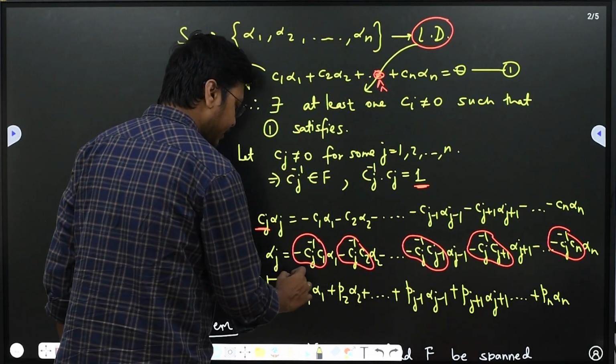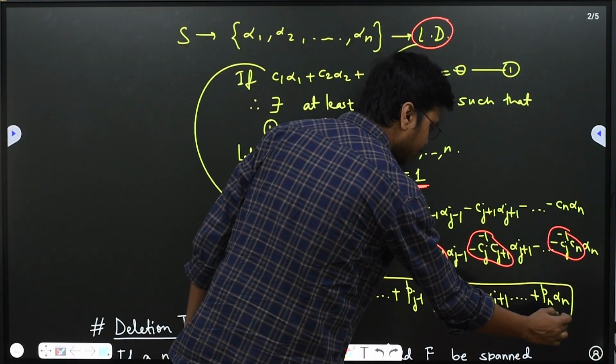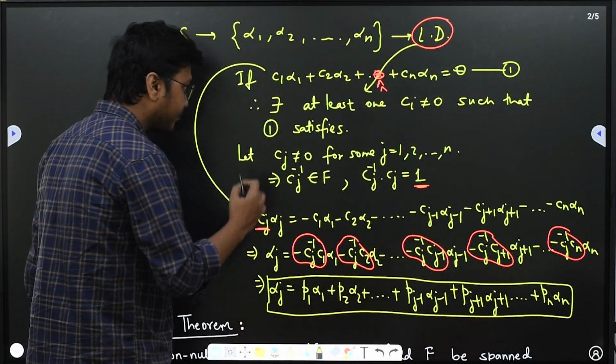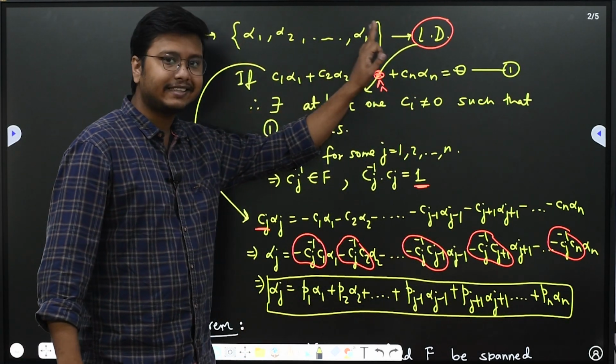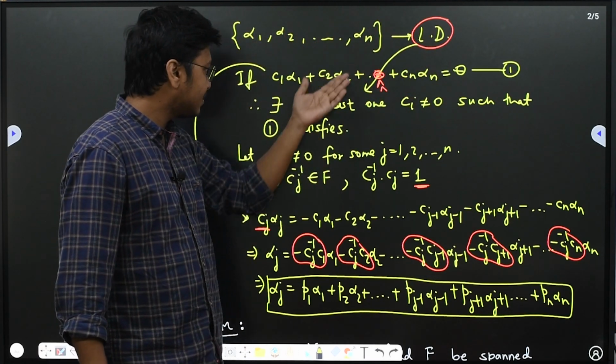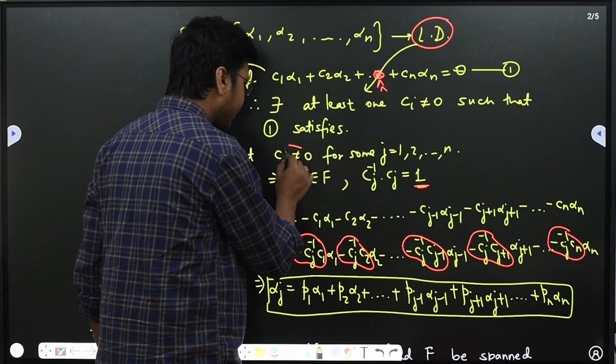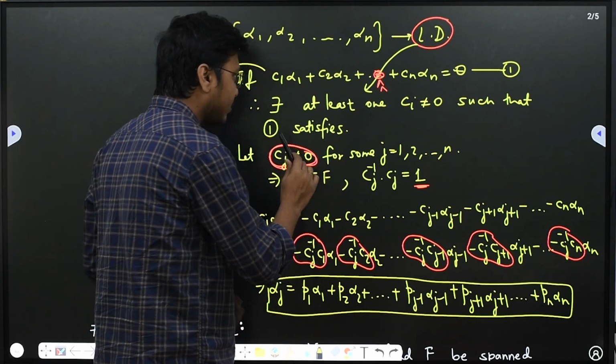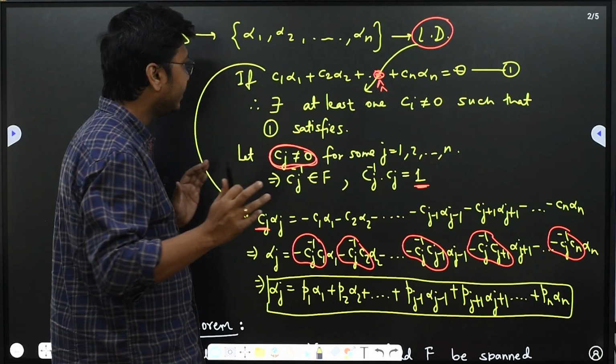So this is the relation that I wanted to talk about, that you can observe if the S set is linearly dependent, and that means some Cj would be non-zero. So now I am connecting the statements that I have built.